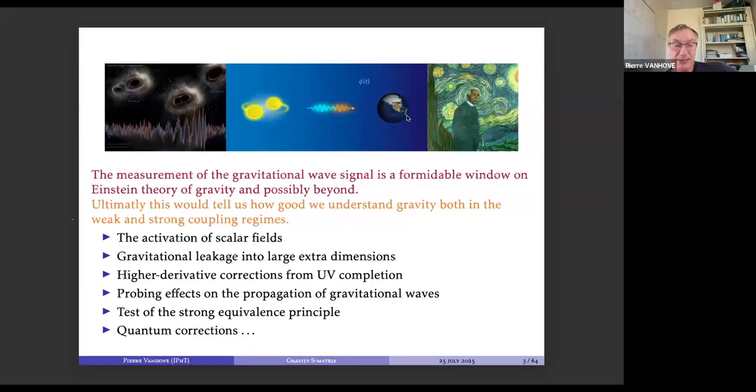So you have a spectrum. That's something that you try to detect on Earth. We try to do as precise a measurement as we can. It's precision physics.